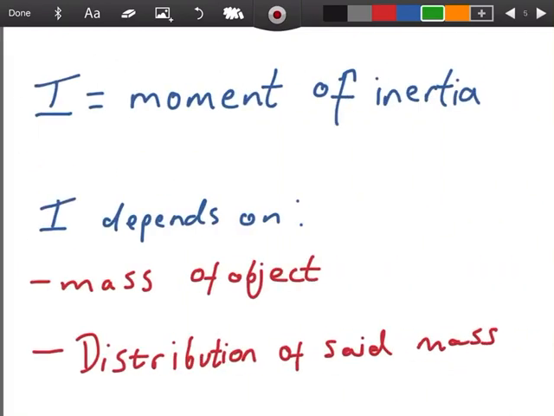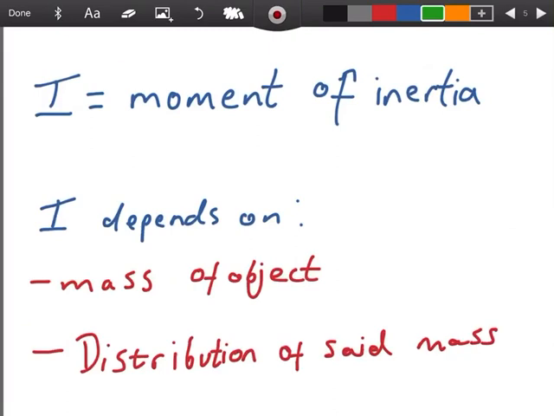Now, the moment of inertia. The moment of inertia depends on the mass of the object as well as the distribution of said mass. The moment of inertia is the measurement of how reluctant an object is to changing its state of motion.